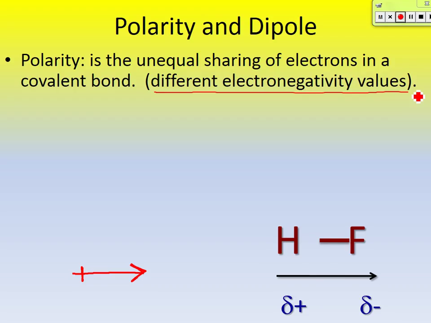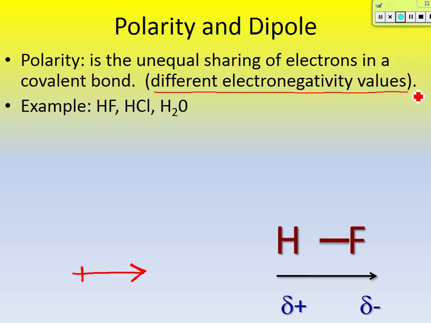What is polarity? What does it mean to be polar? Is the Earth polar? Yeah. The Earth is polar. We got a north pole, we got a south pole. So polarity just means you have two different sides, right? Well, molecules can be polar. They can have a positive side and a negative side.